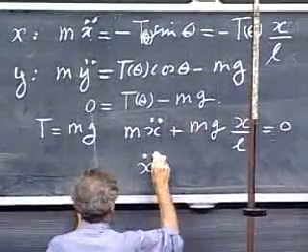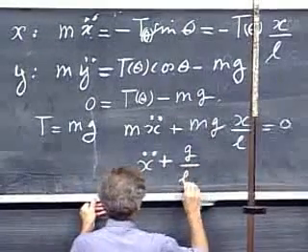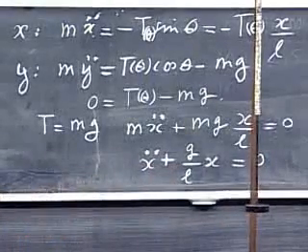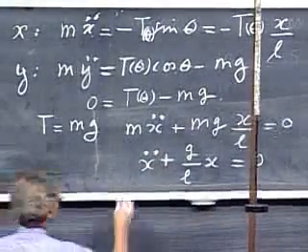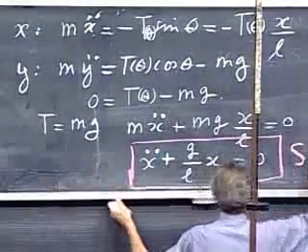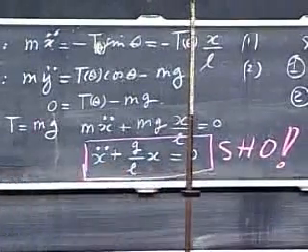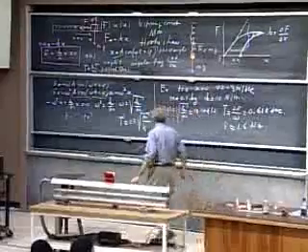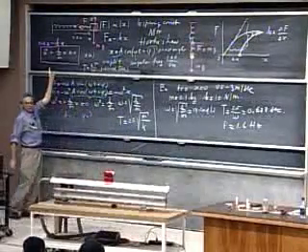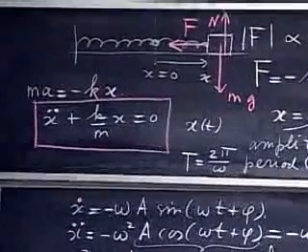And now comes the wonderful result: x double dot plus g over L times x equals 0. And this is such a beautiful result that it almost makes me cry. This is a simple harmonic oscillation. This equation looks like a carbon copy of the one that we have there. Here we have k over m, and there we have g over L.